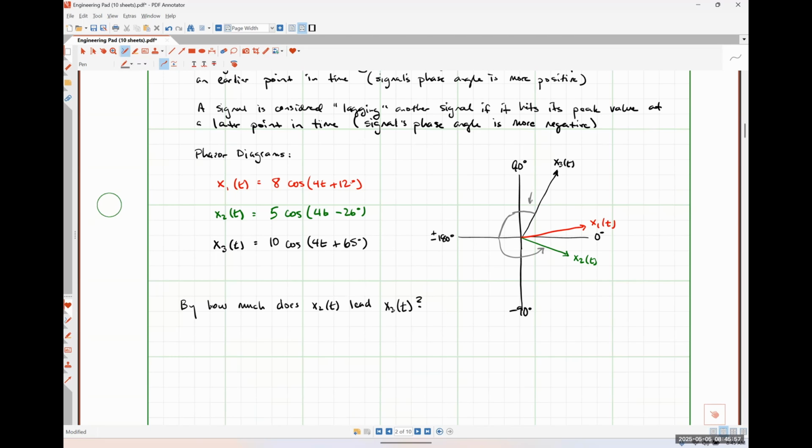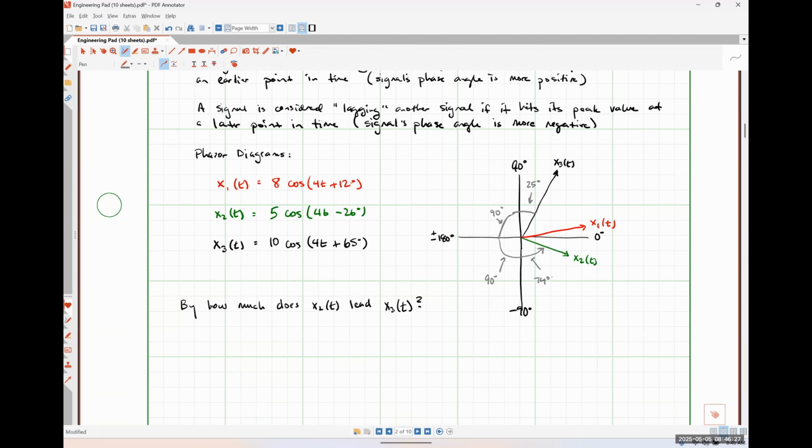So this portion right here is just 90 minus 65 degrees, which is 25 degrees. Then I have 90 degrees from this part, 90 degrees from this part. And then here I have 90 minus 26, which would be 74, if my mental math is correct.